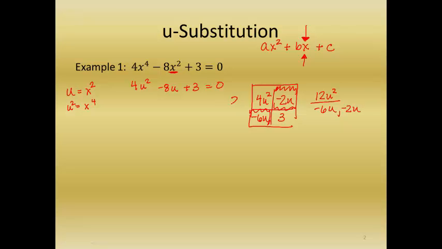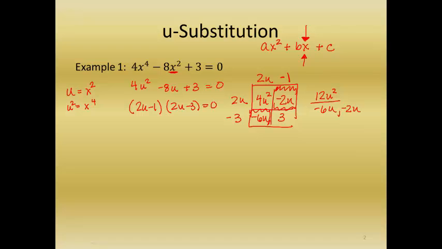So in this case, it's a 2u across. Up is going to be a 2u. Vertically is a negative 1, and horizontally here is a negative 3. So that means that I have 2u minus 1 and 2u minus 3 equal to 0.